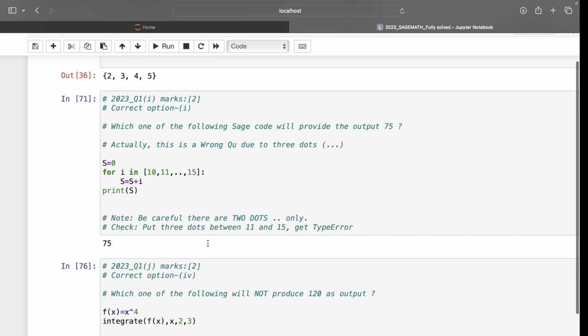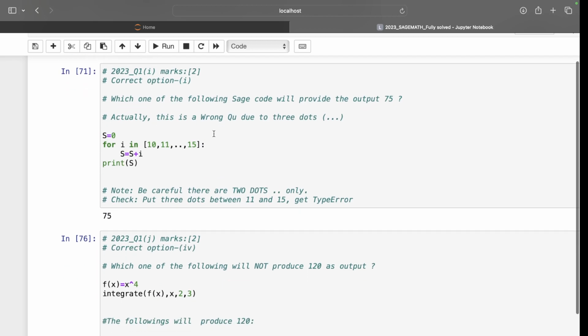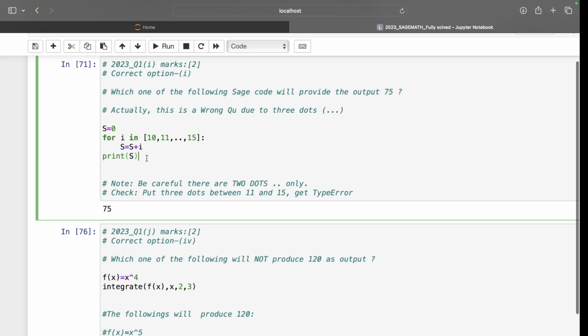This is the programming. s is equal to 0. I starts from 10, 11, 12, 13, 14. So s plus I: this s is the old s equal to 0, and this s is the new s. So sum all these, and run.